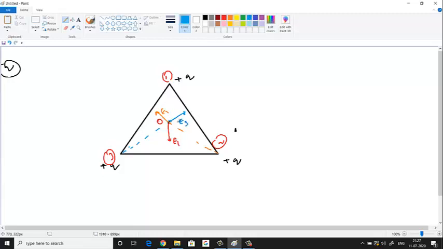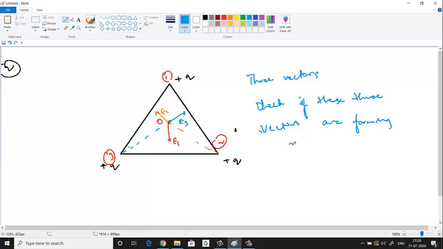Now see, I told you whenever we have three vectors, check if they are forming a closed figure. What do you mean by that?